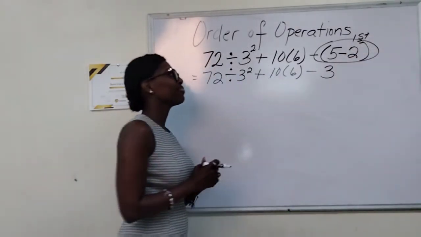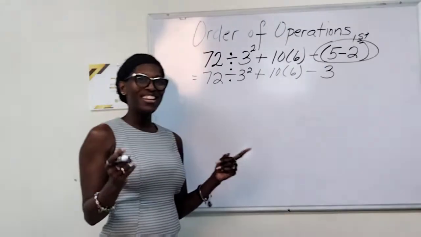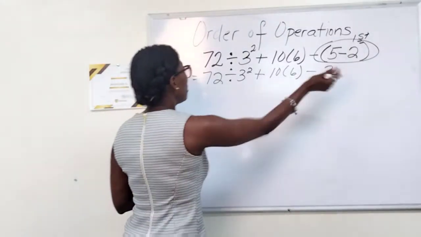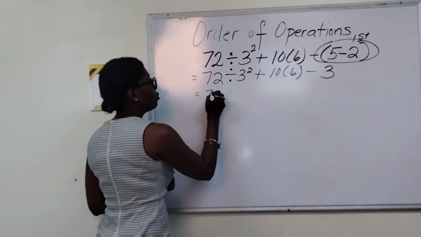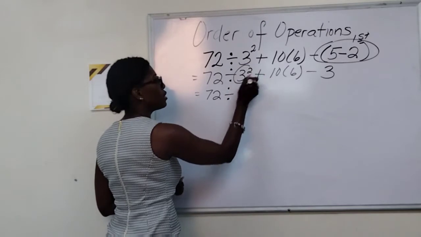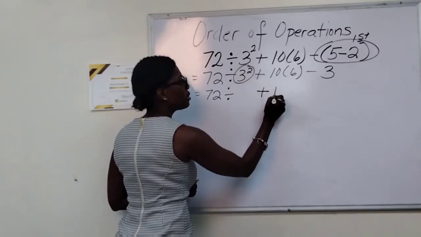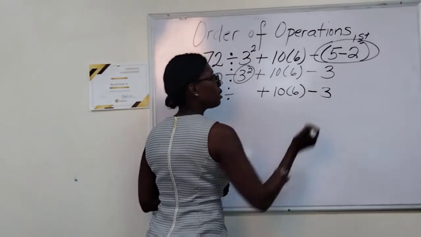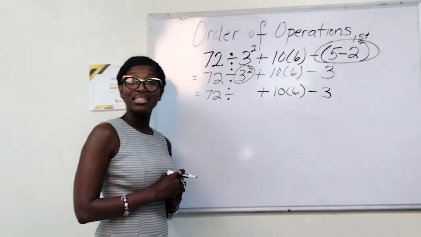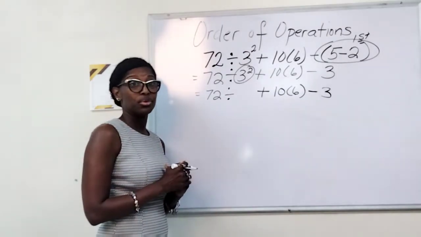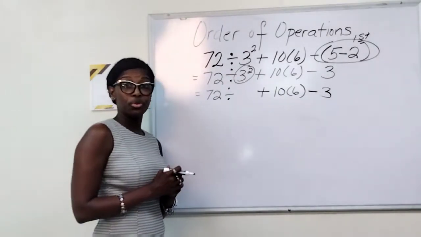Again, bring down everything that we're not using first. 72 divided by, we're going to leave this open because we know that this is second, plus 10 times 6 minus 3. Because exponents is second, I brought everything down except the exponent because that's the next thing we're doing.